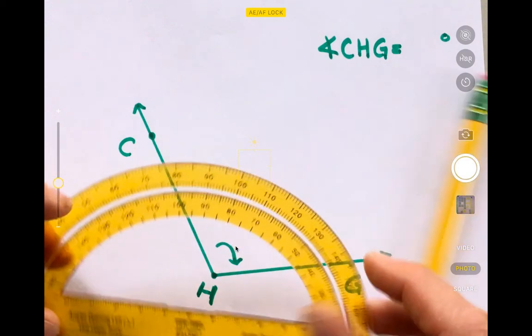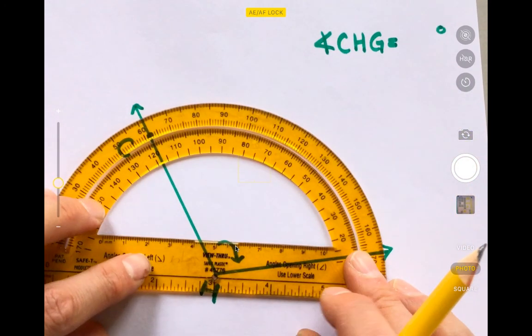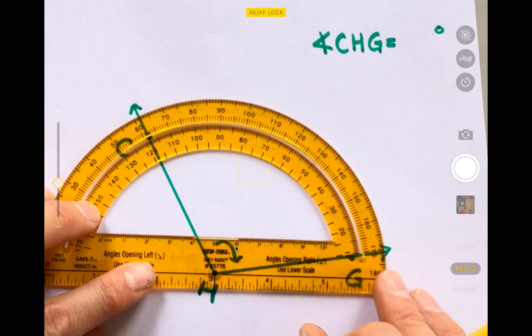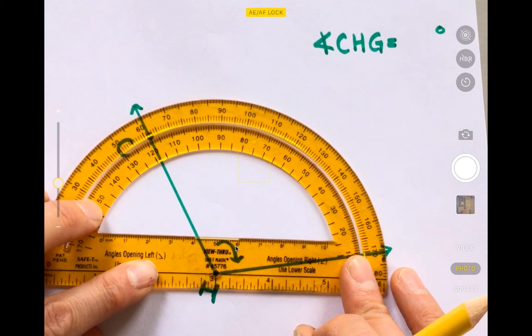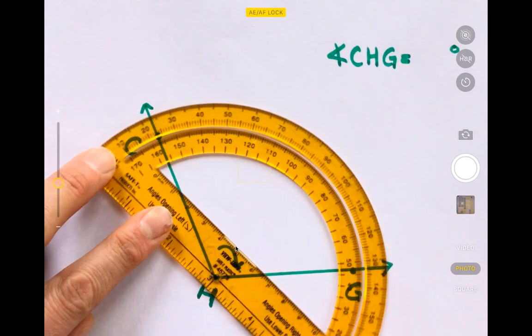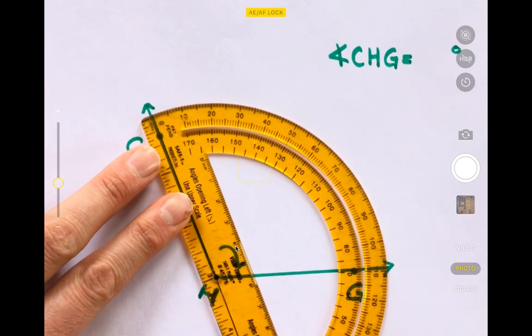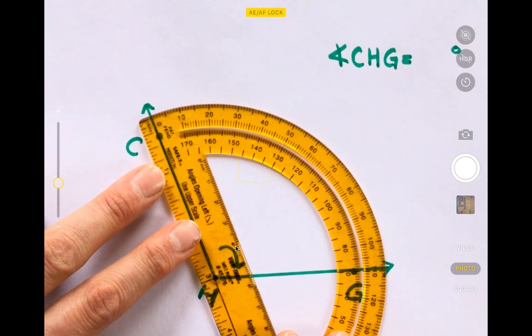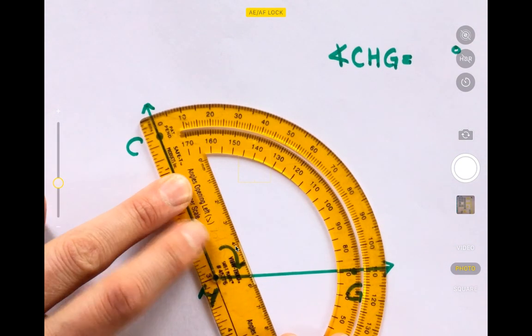So I'm going to first line up my vertex. The second thing I'm going to do is rotate that protractor to line up a side of the angle with a 0 mark.